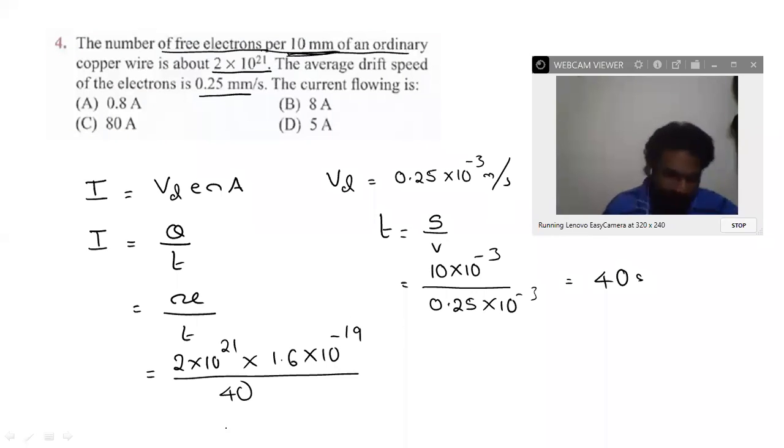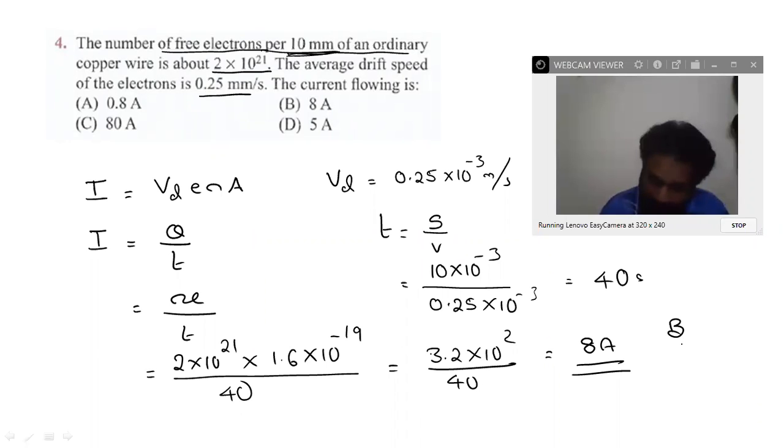So this is nothing but 3.2 into 10 raised to 2 divided by 40. We will be getting this as 8 ampere. So option B is the correct answer.